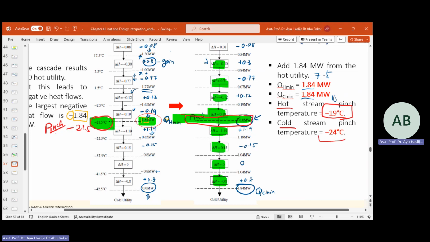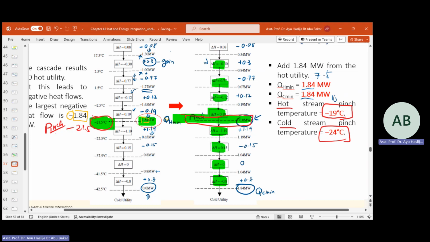Cold, minus 2.5. I repeat, the hot and cold pinch, how do you get it?